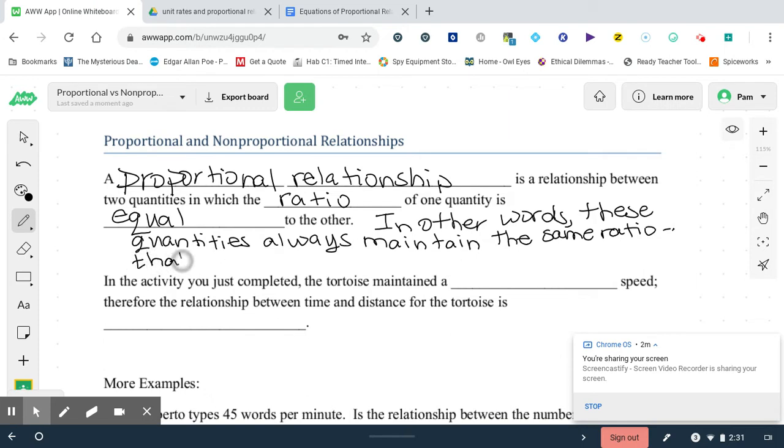That is, when you divide, and you all know when we find a unit rate, we divide.